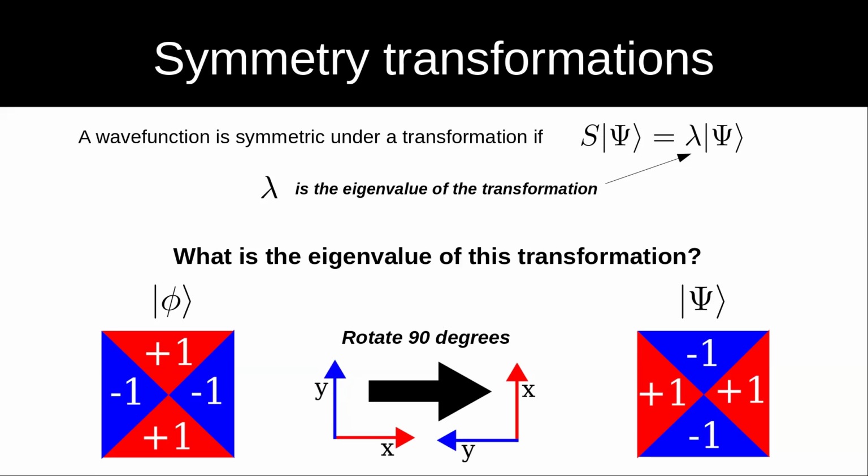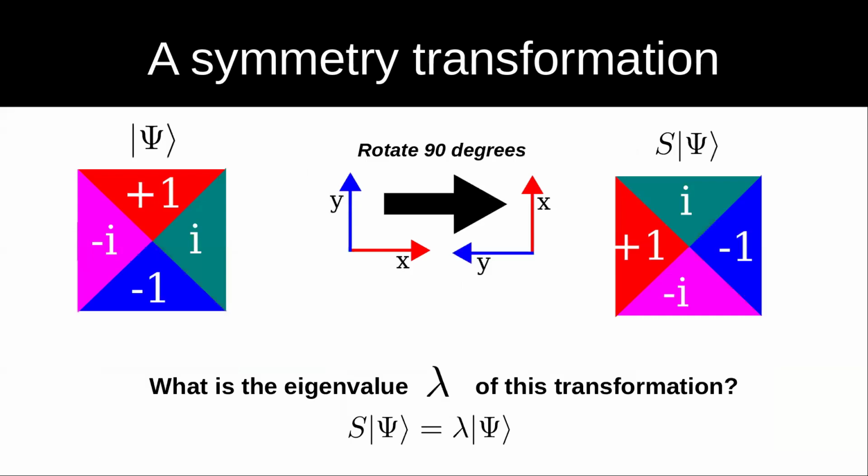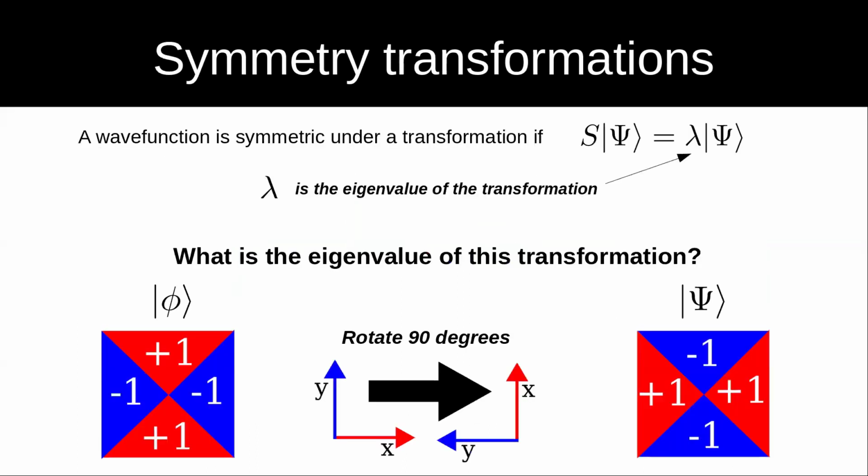So this transformation leaves the wave function invariant up to some quantity, so this wave function is actually an eigenfunction of this transformation. My question for you is, what is the actual eigenvalue of this transformation? You may very easily realize that it's just -1, because if you multiply by -1 on the left, you essentially get the wave function on the right.